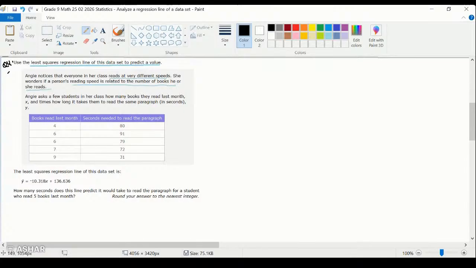So books read last month represents the value of X. The second column, seconds needed to read the paragraph, is the time required. Seconds is basically the time. Someone who read 4 books last month took 80 seconds to read a paragraph. Someone who read 6 books took 91 seconds, right?